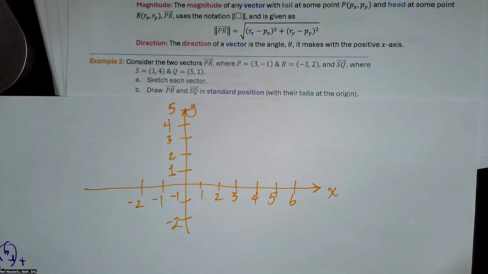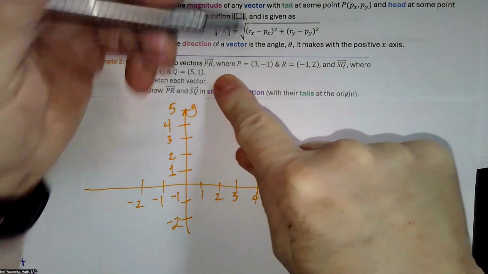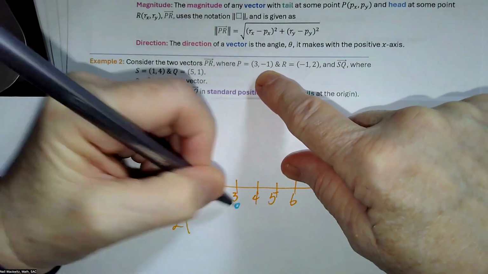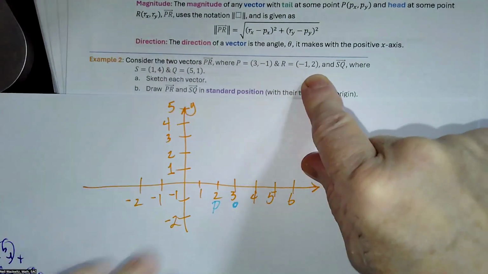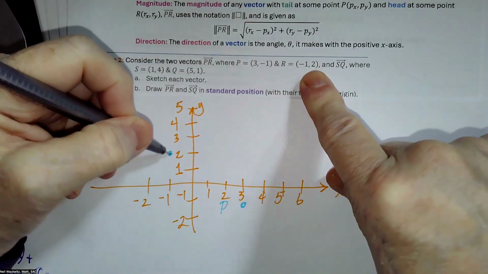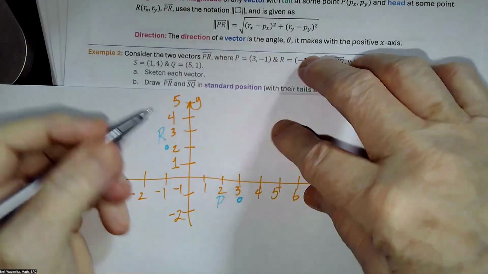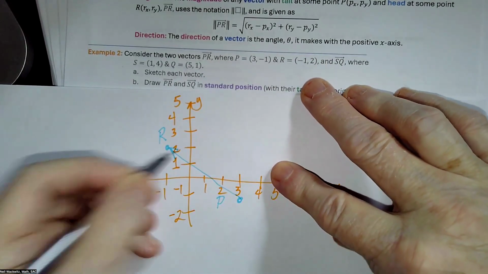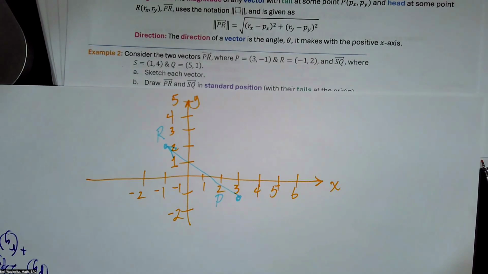Okay, now we can plot everything. So P is 3, -1. R is -1, 2. So PR is that vector.